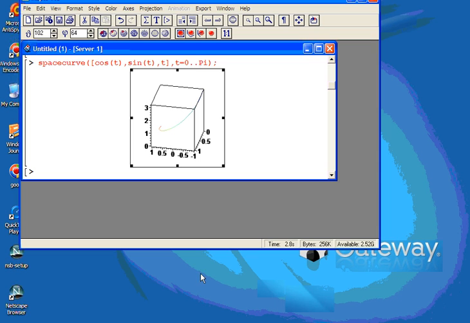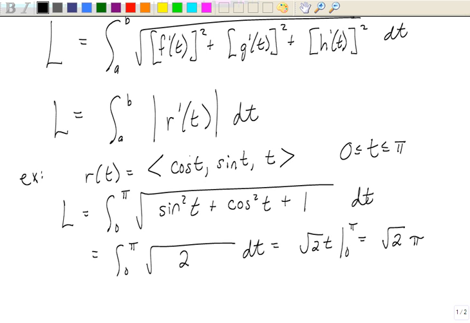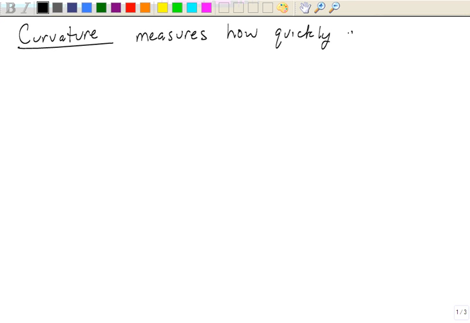All right, let's now talk about curvature. Curvature measures how quickly a curve C changes direction.